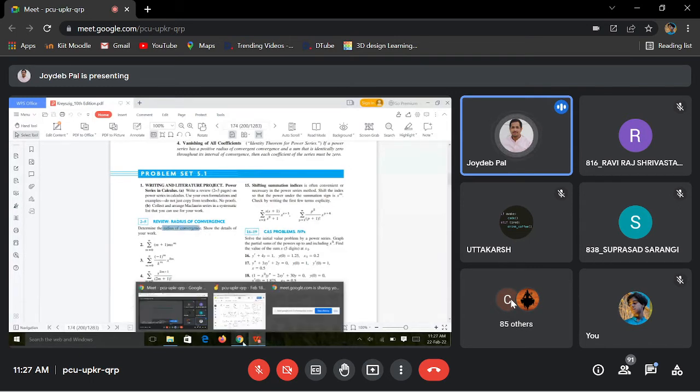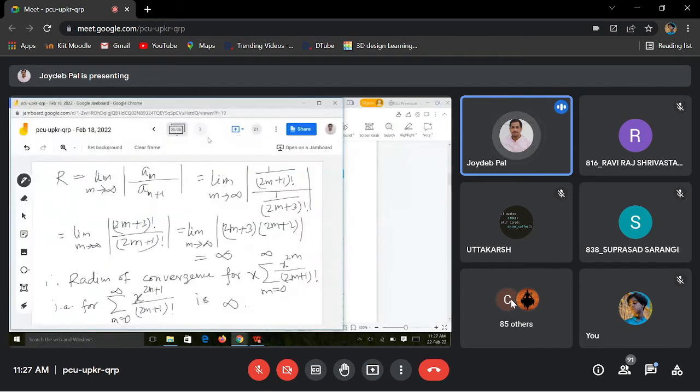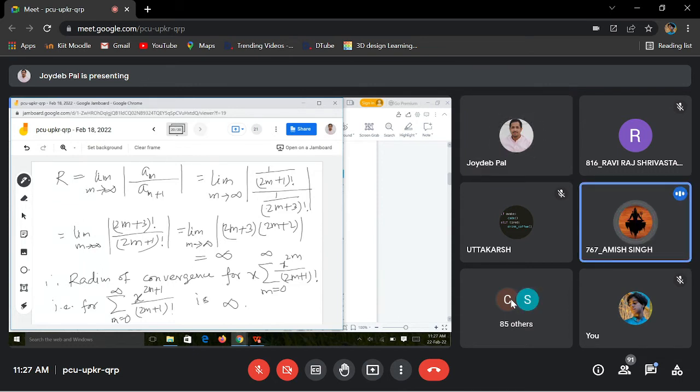Now if it is asked what the interval of convergence is, in that case you have to apply modulus of x less than R, so modulus of x less than infinity, that means x lies between minus infinity to infinity. Interval of convergence.